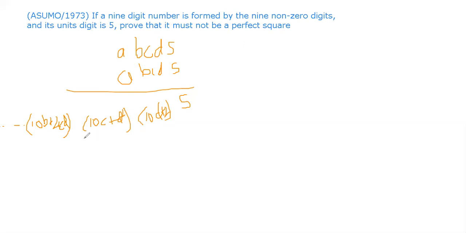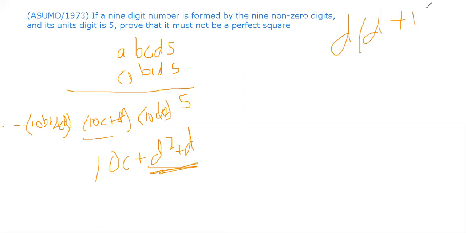So simply we can write this number as 10c plus d squared plus d. Now see this quantity right here, d squared plus d. It could be rewritten as d times d plus 1. This is a very interesting number. It is the product of two consecutive numbers, I would say digits, because these lie between 0 to 9.